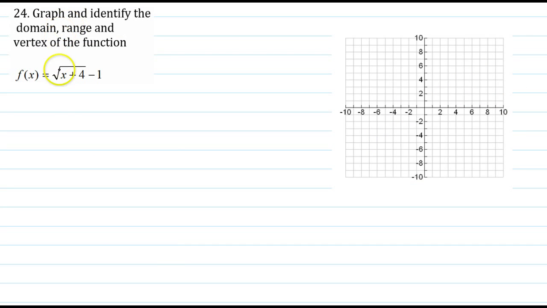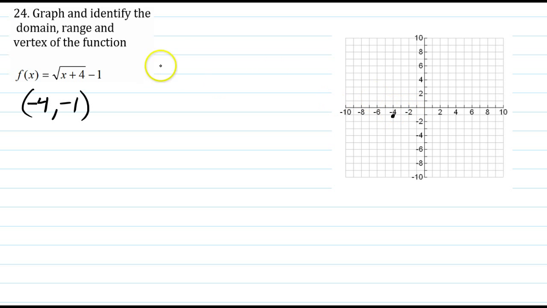Alright, so for 24 we're going to graph. And so our vertex is going to be at negative 4, negative 1. If you wanted to make a better graph, you could just start plugging numbers in that are easy.